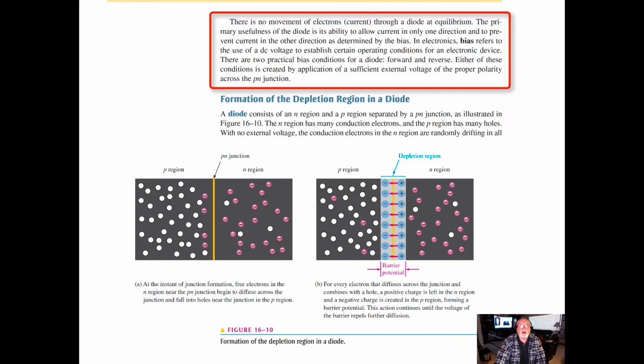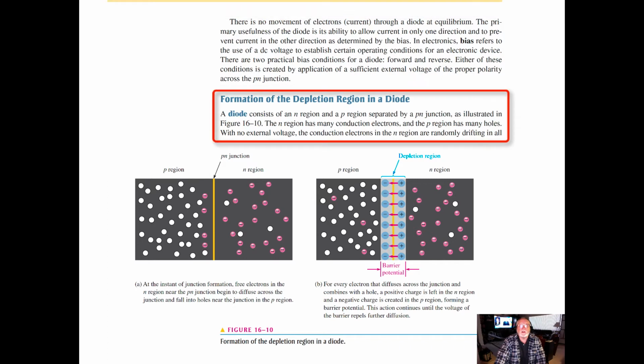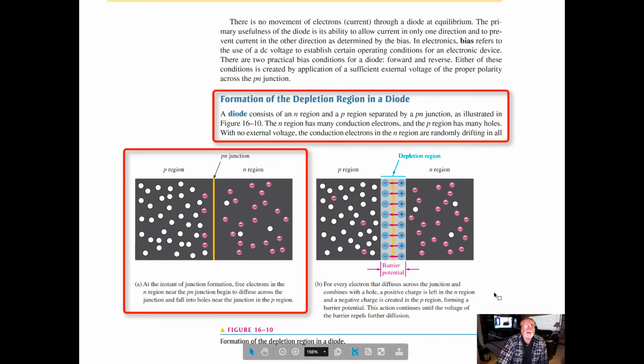So a diode consists of an N region and a P region separated by a PN junction. If you take a look at the diagram below, you can see diagrammatically we have the P region on the left, the N region on the right, and where the two are joined we call the junction, or the PN junction. The N region has many conduction electrons.